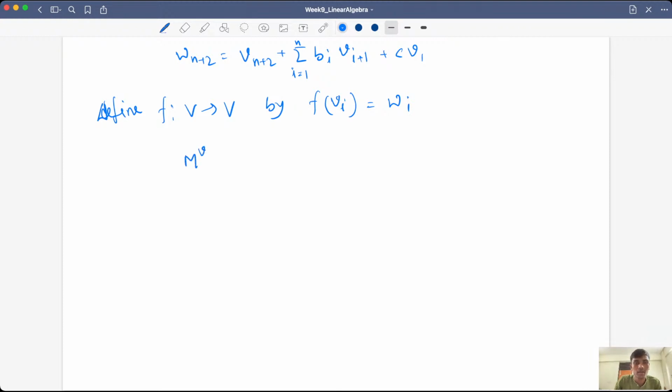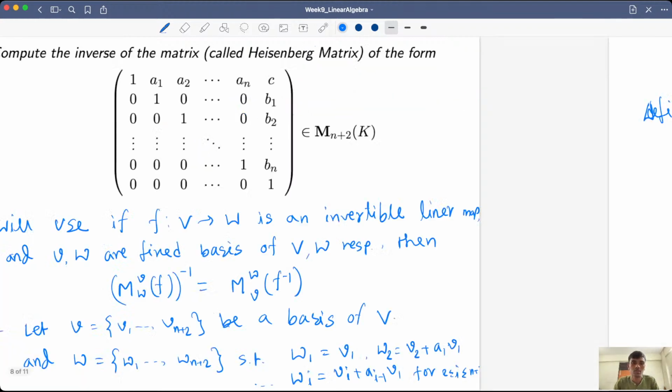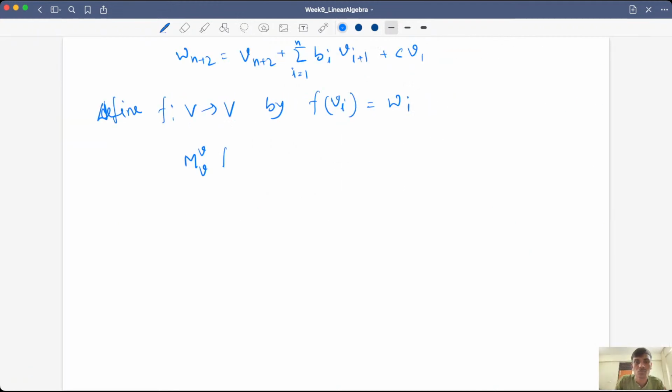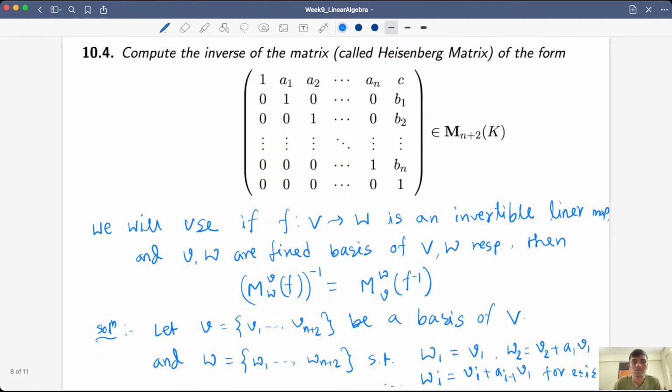Now if I write the matrix of this f with respect to the basis V of this V and V itself, that will give me this matrix.